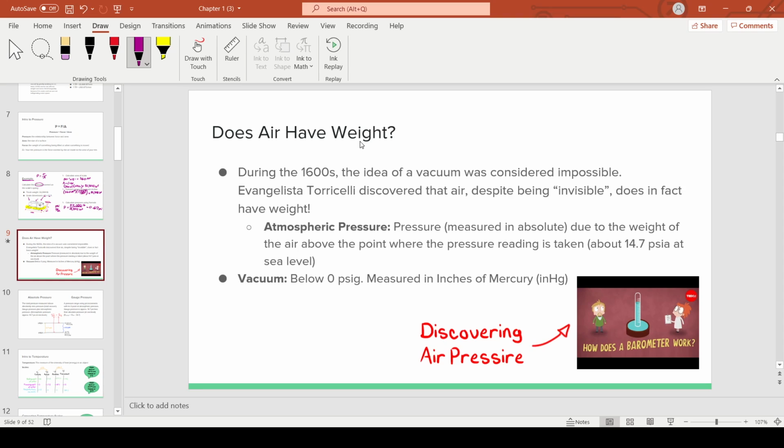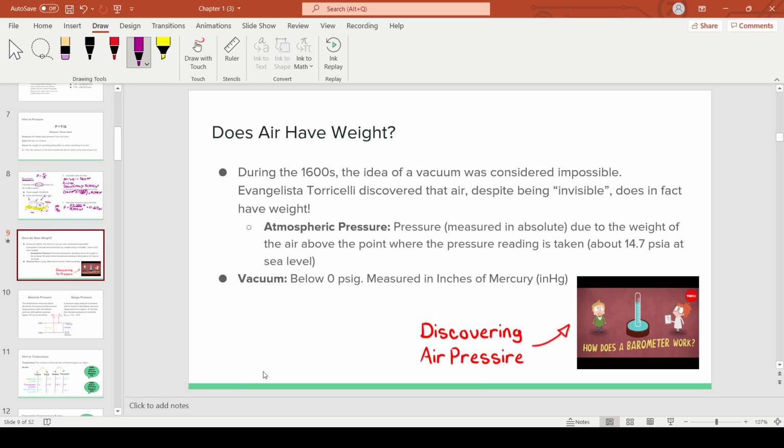During the 1600s, Evangelista Torricelli discovered that air, despite being invisible, does in fact have weight. It doesn't weigh nothing, right? Atmospheric pressure is defined as the pressure measured in absolute terms due to the weight of the air above the point where the pressure reading is taken. This is about 14.7 psi at sea level.